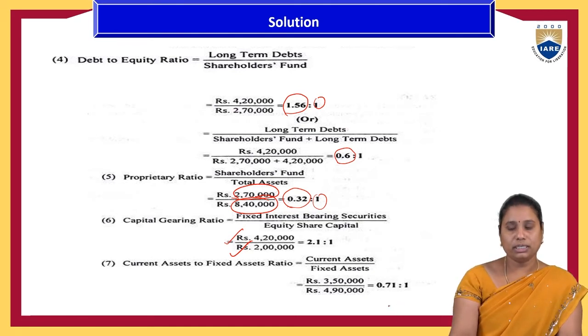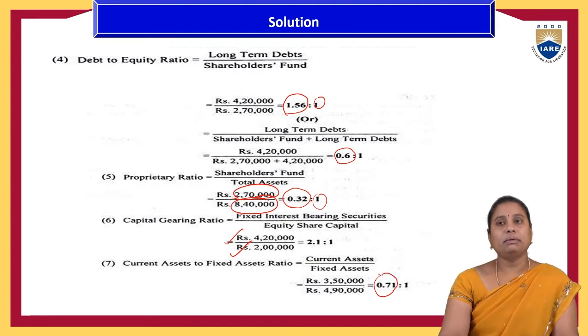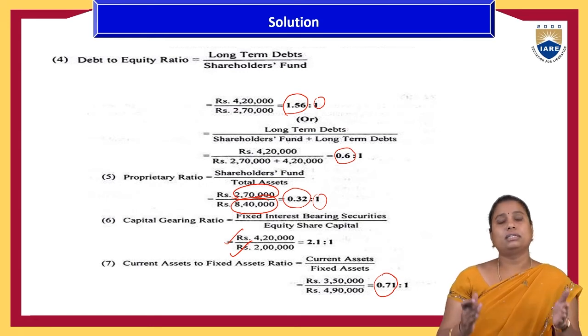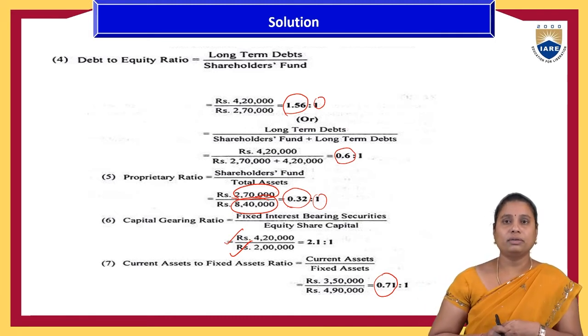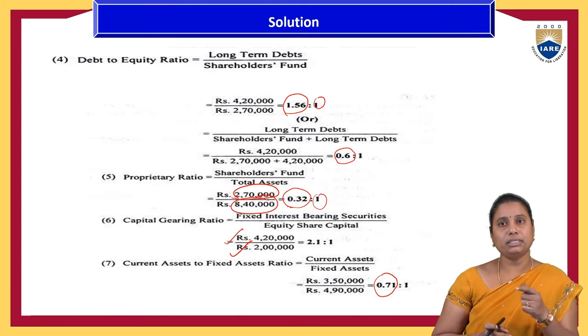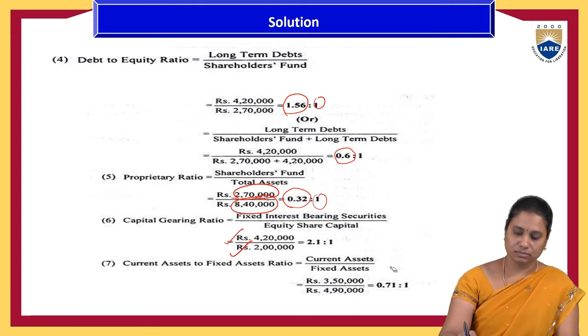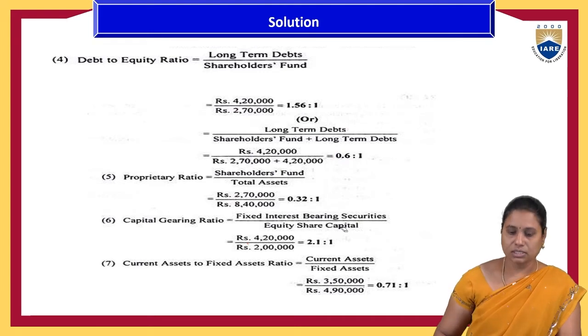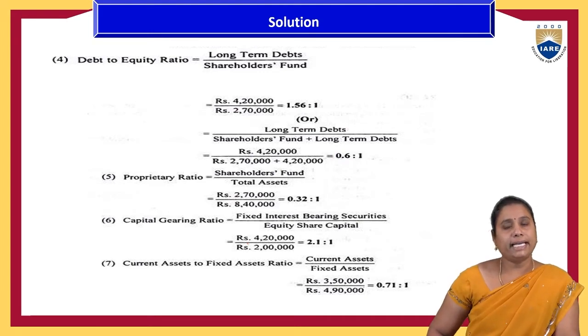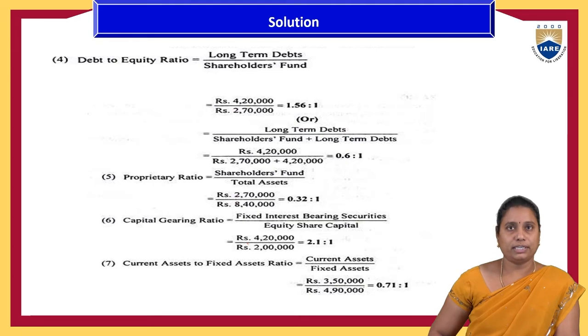So that shows that fixed assets are more than the current assets, and current assets are 70% of the total fixed assets. So that is the ratio between the current assets and the fixed assets. Like this, from the given data, we can calculate the various ratios.